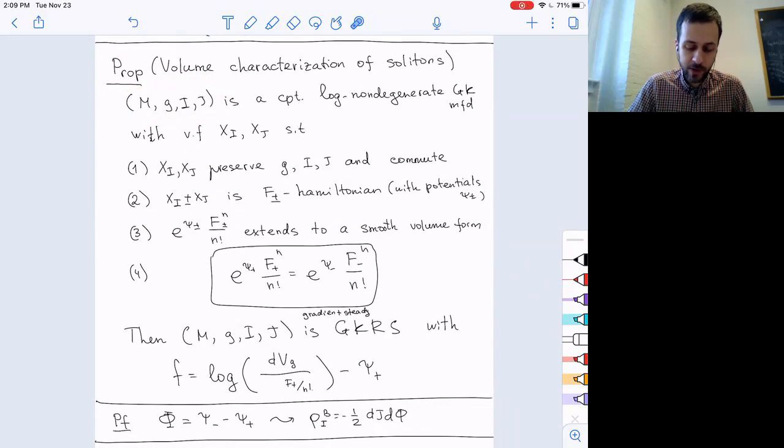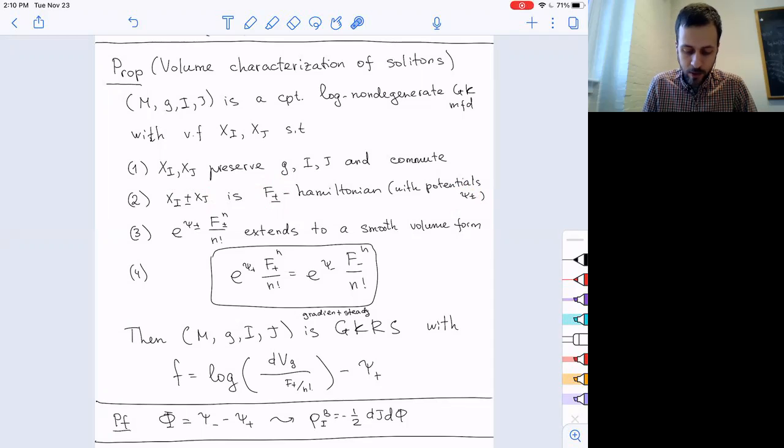And you assume that these vector fields satisfy what the corresponding vector fields satisfy on the soliton. So they preserve the entire structure, and ξ_I plus ξ_J and ξ_I minus ξ_J are Hamiltonian with respect to some underlying symplectic forms. The Hamiltonian potentials I call ψ plus and ψ minus.